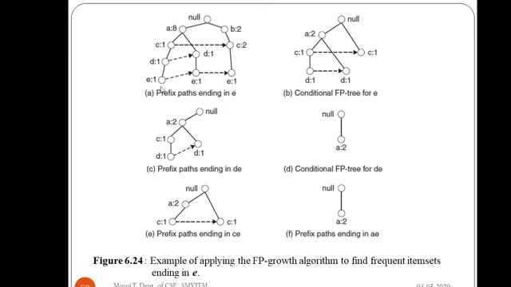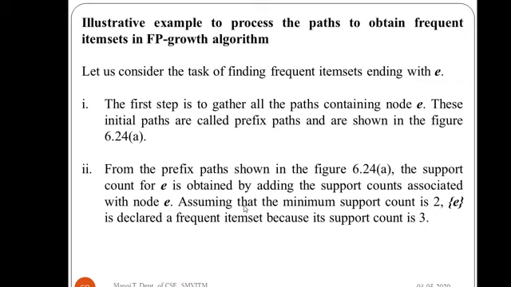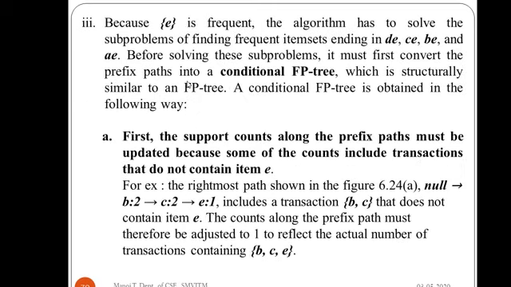So the support count for node E is 3 over here. In our example we are assuming the minimum support count, or the threshold, is 2. Since the threshold is 2 and my support count for node E is 3, definitely E is a frequent item set. So it passes this condition, and next we will move to the third step.